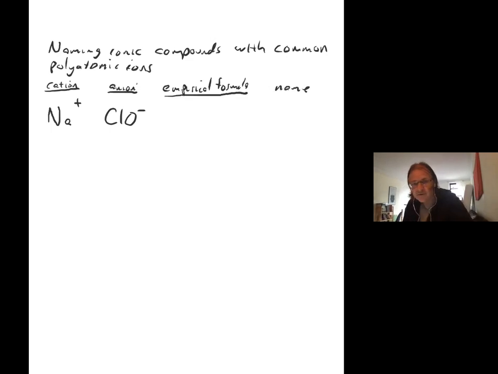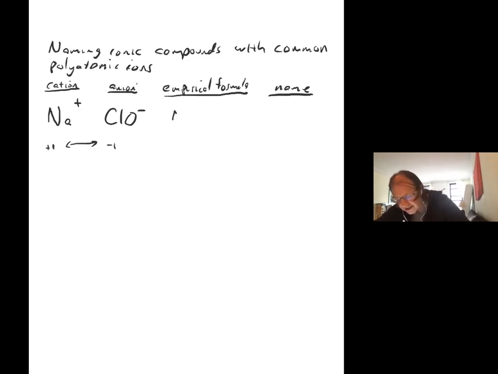What's the name of the compound, right? So let's take a look at this one. This runs you through the whole kind of thing. The first one here is easy because they made the charges equal, right? If the charges are equal, it's just 1 to 1. You don't need to have more than one of them. So the empirical formula is, since this is +1 and this is -1, you just need to combine them 1 to 1.